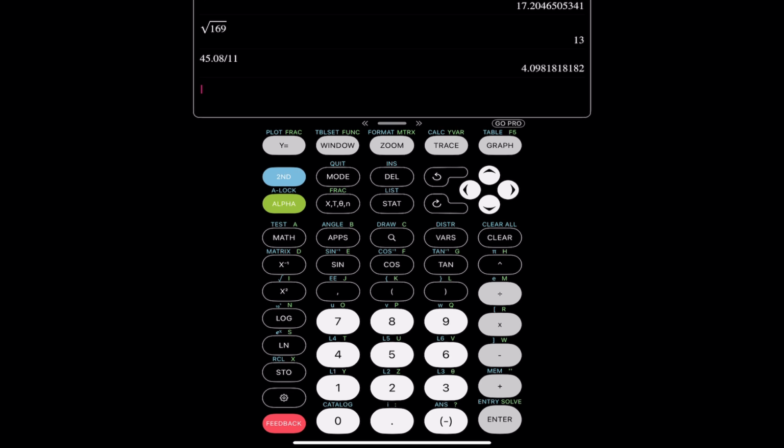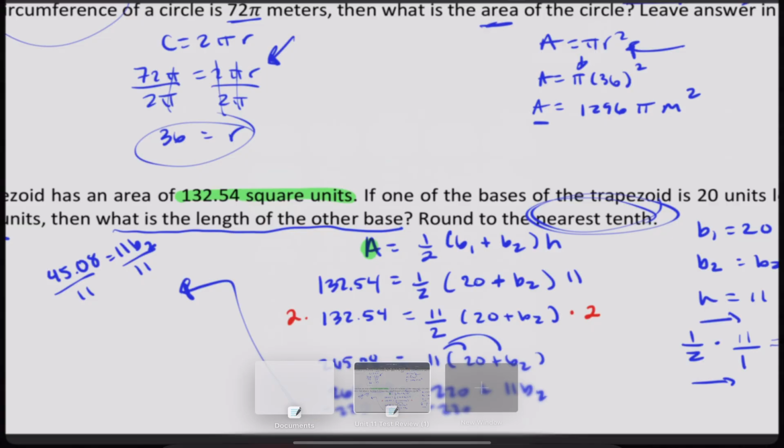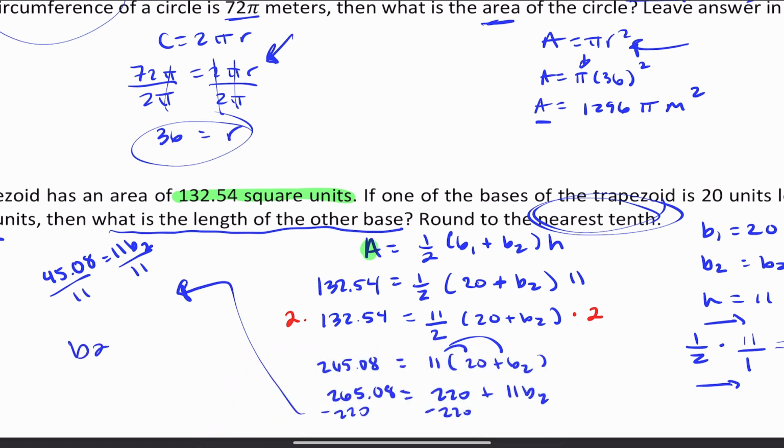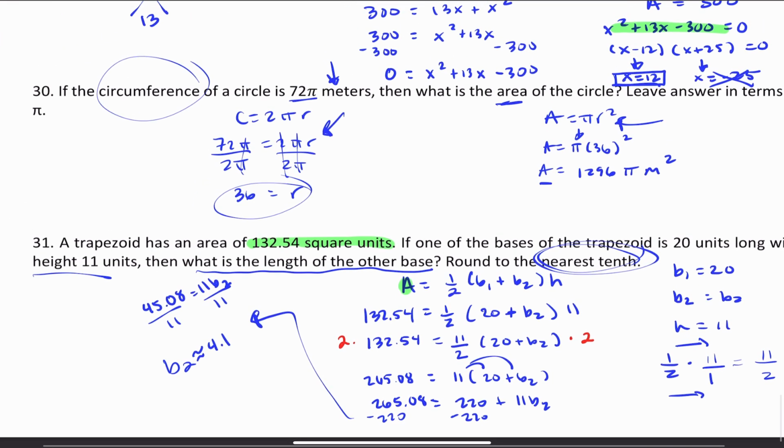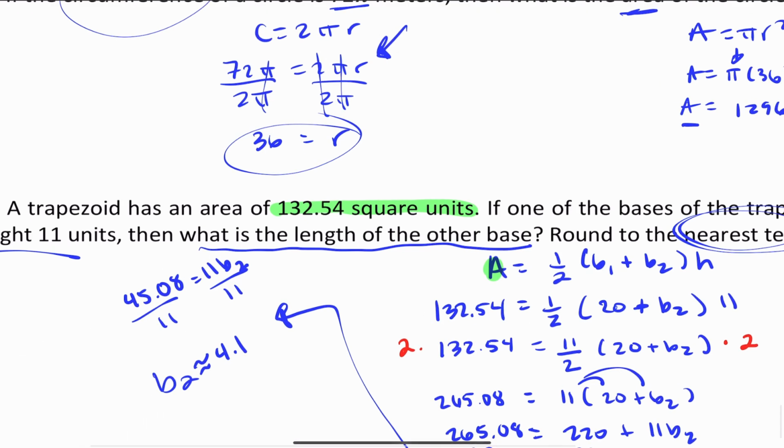We're rounding to the nearest tenth, so that 9 in the hundredths place will round the 0 up. So b sub 2 is approximately 4.1. But I'm looking over here, it says square unit, so our unit is just unit. So b sub 2 is approximately 4.1 units.